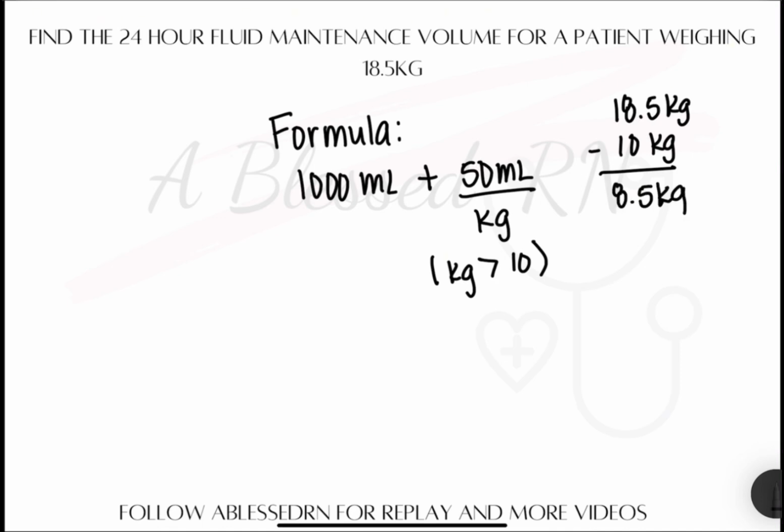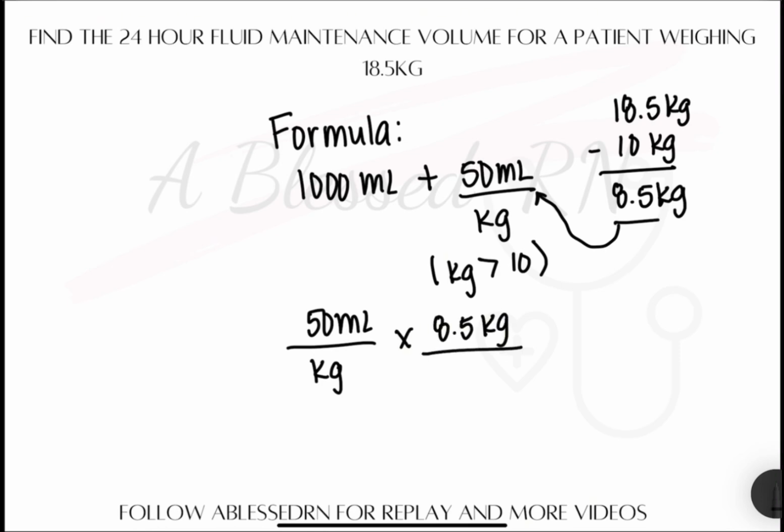So 50 milliliters over kg, and then we'll multiply it by your 8.5 kgs. And you'll see that the kilograms are going to align on the top and the bottom, so the numerator and the denominator, if we want to be technical. And it's going to leave you with your milliliters.